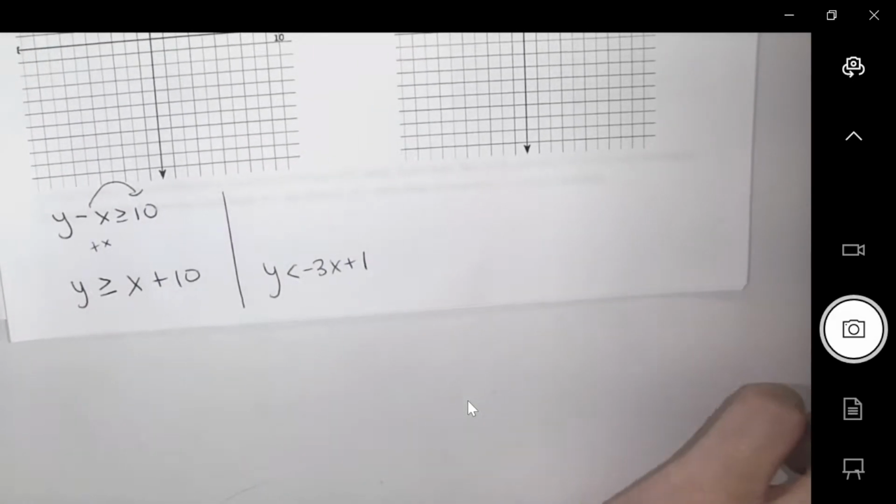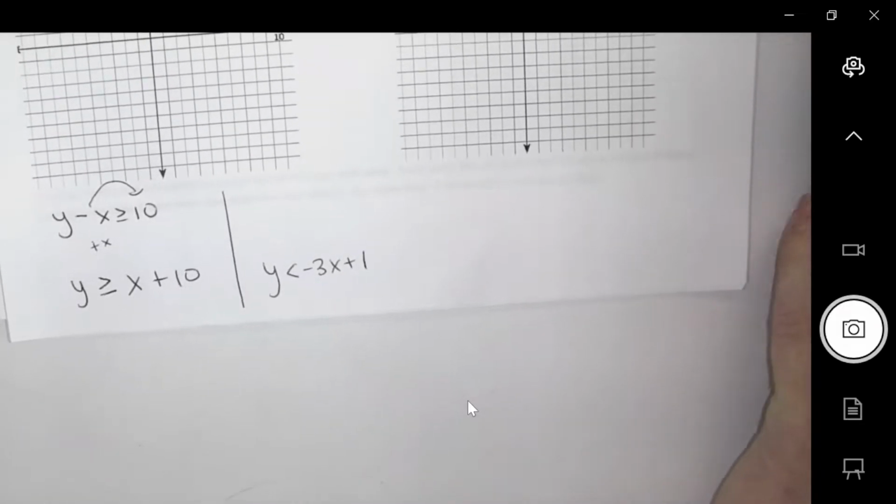Okay, so I'm going to put this into my calculator. Let it do the graphing for me.